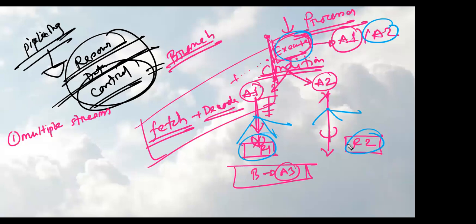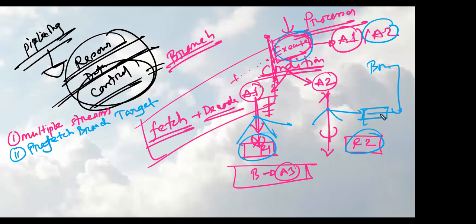Okay. Next approach could be prefetch branch target. Branch target means the branch instruction. That means after performing this branch operation, where it will jump, that is another instruction, isn't it?